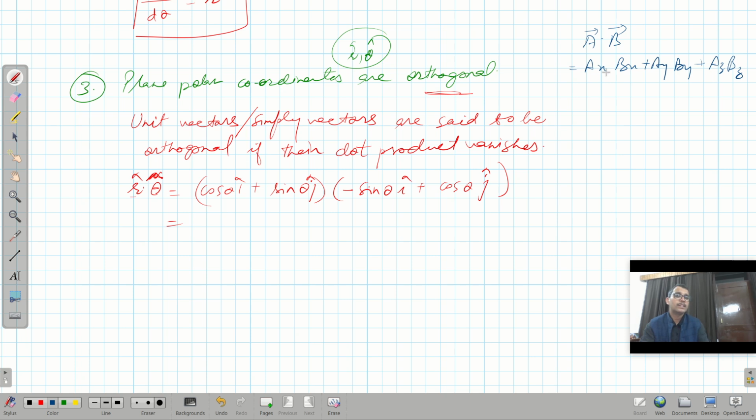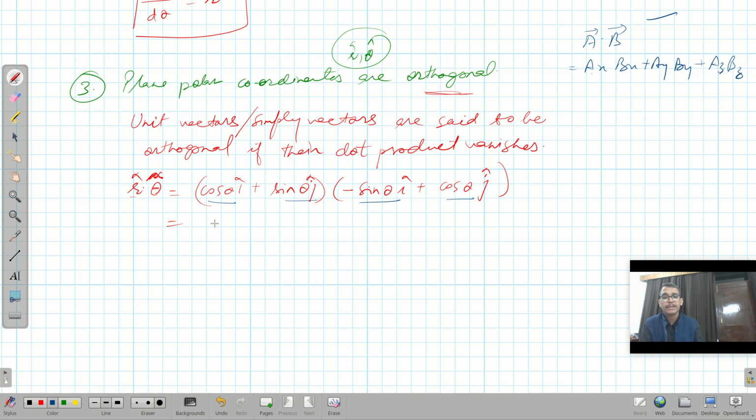These are the x, y and z components of vector a, and similarly bx, by and bz are the x, y and z components of vector b. So the x components are multiplied, the y components are multiplied, and i and j are not required here according to this formula.